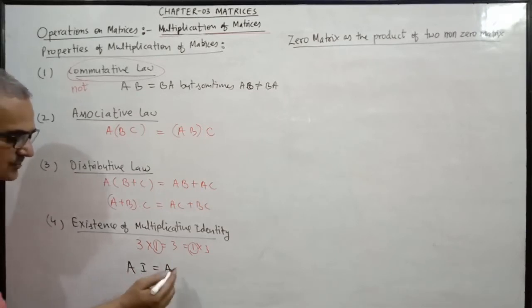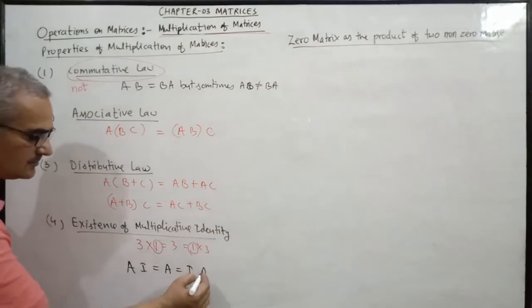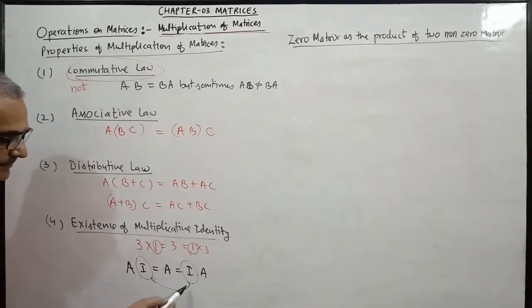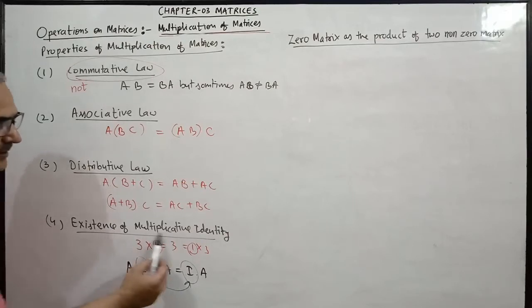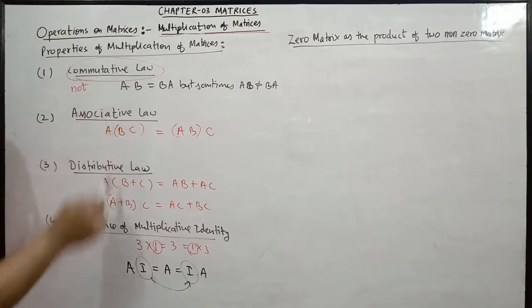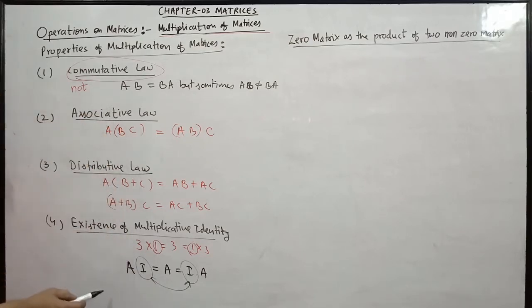So AI is equal to A or I into A is equal to A, then this I is called the identity matrix, the multiplicative identity, because when you multiply this I with any matrix, you get the same matrix A. So these are the properties of matrix multiplication.